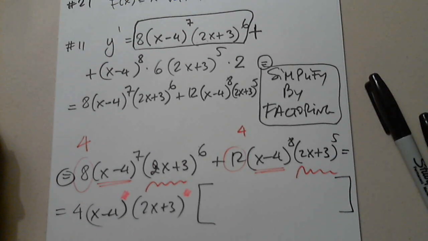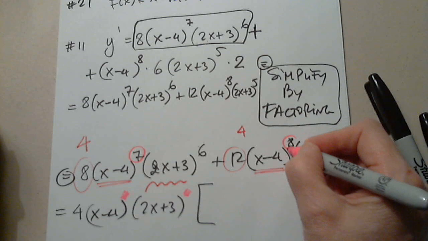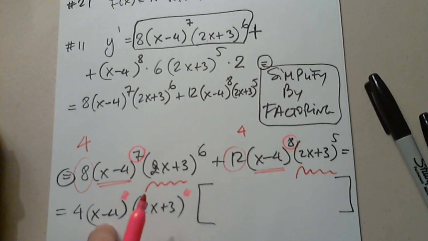We haven't analyzed the power. So this is power 7, and this is power 8 on x minus 4. Which power is in common, and I can take it out? Which is the common power? Common to both. Say it again.